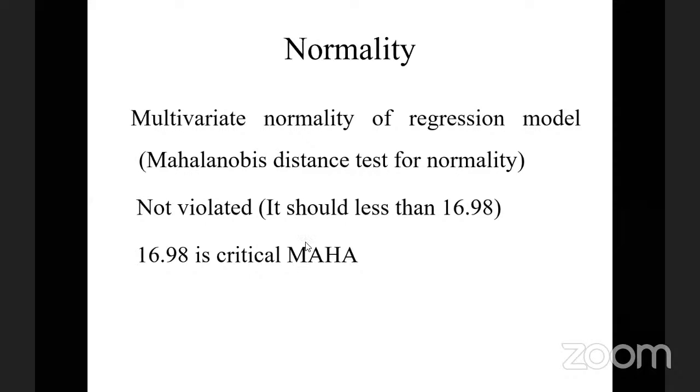Normality we can check here as multivariate normality. I am not talking about individual variable normality. Here it is multivariate normality of the regression model. We can check it through the Mahalanobis distance test, and its value should be less than 16.98, which is the critical value.